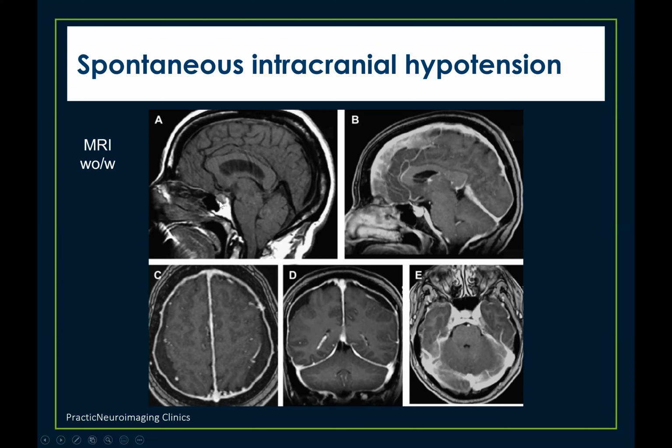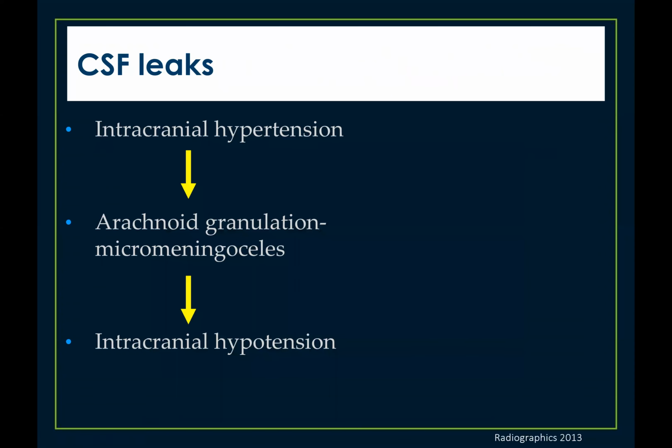The pituitary gland becomes very plump with the superior convex contour and effacement of the suprasellar cistern. And it's amazing how it all goes back to normal once an efficient treatment is obtained.